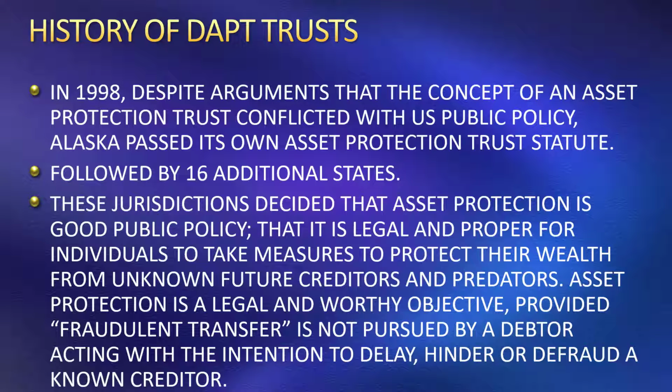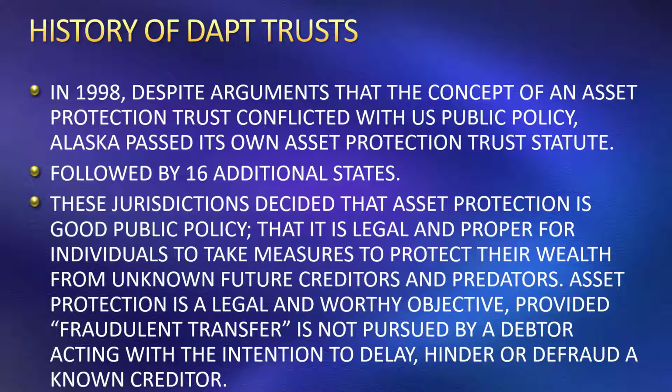History of the DAP Trust. In 1998, despite arguments that the concept of an asset protection trust conflicted with U.S. public policy, Alaska passed its own asset protection trust statute, followed by 16 additional states.